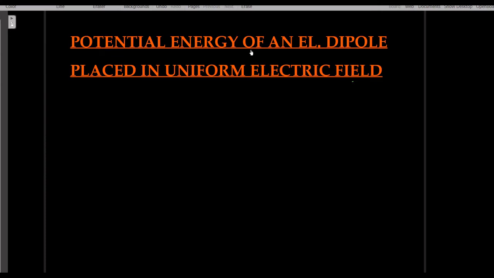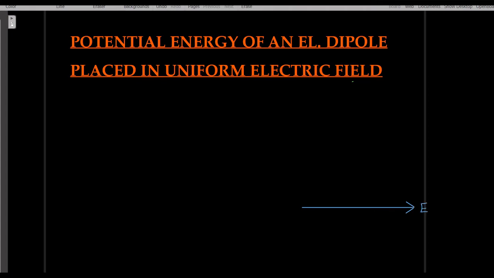Potential energy of an electric dipole placed in uniform electric field. Let us consider a uniform electric field capital E. This is the direction in which the uniform electric field acts.